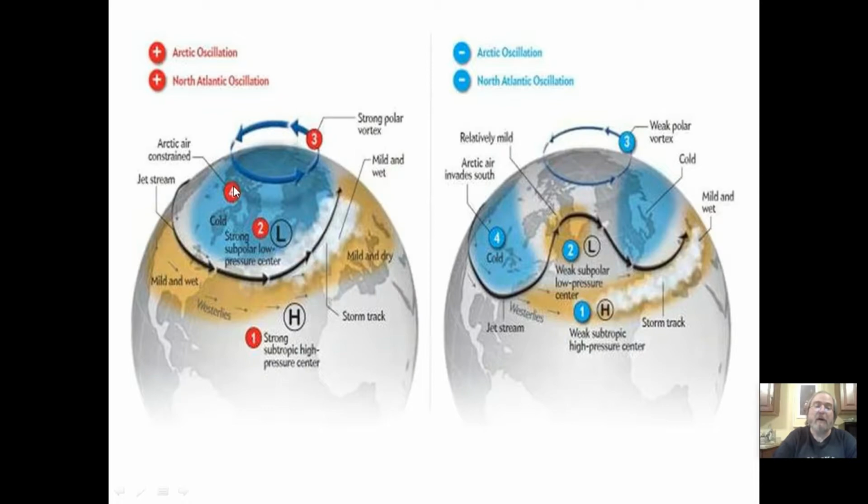And then you have the Arctic air is constrained, so the jet stream is more northerly and more zonal, more of a zonal flow that brings mild wet conditions to, where's the cursor? Mild wet conditions to Northern Europe and Scandinavia, and also mild and dry conditions to Europe and the Mediterranean.